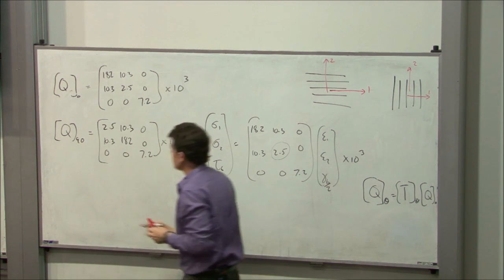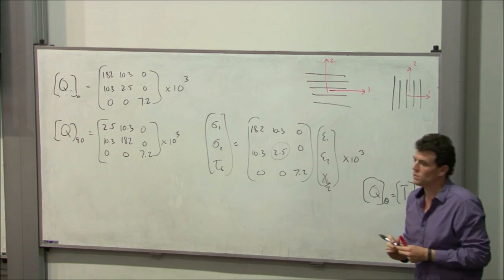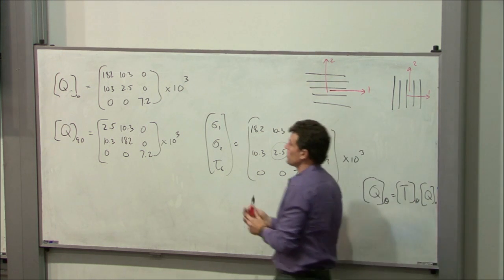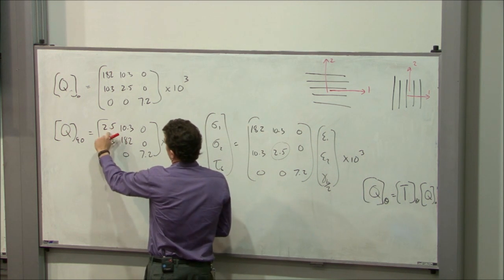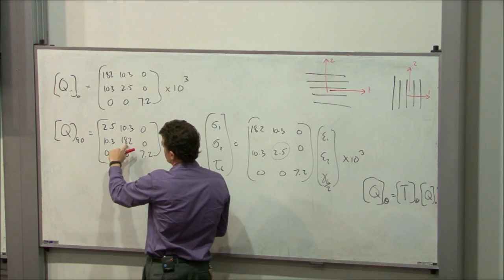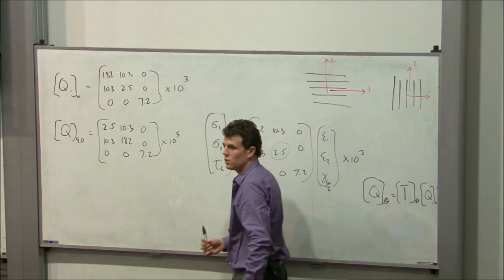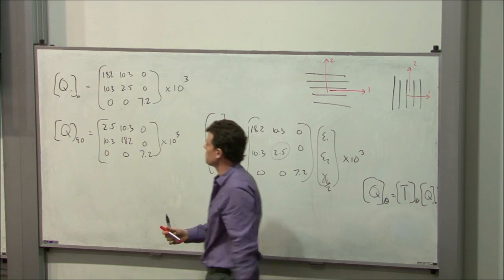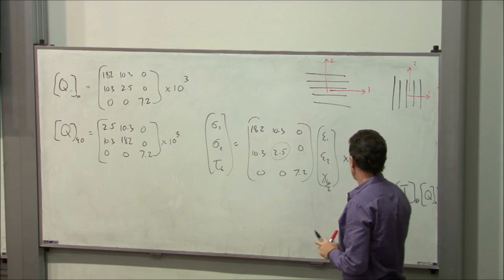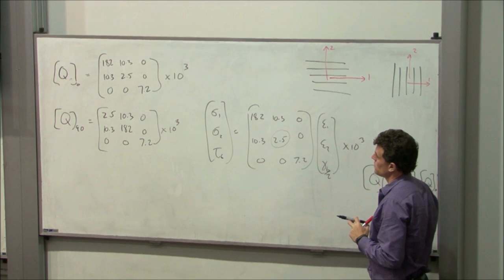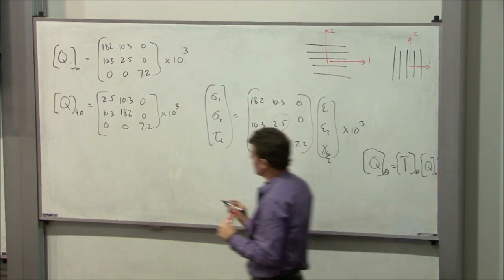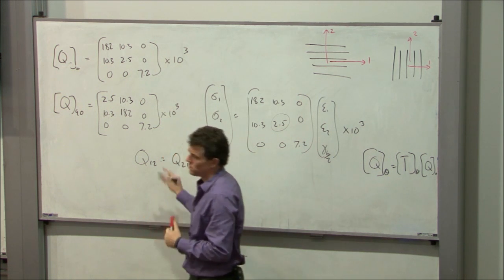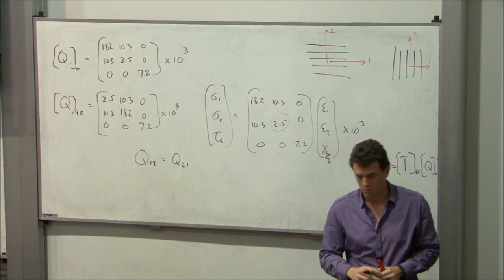So for the special case of making a 90-degree rotation, we can just switch our coordinate axes around. So the only thing that changes is that the 1,1 goes into the 2,2 position, and the 2,2 goes into the 1,1 position, because 1,2 stays the same and 2,1 stays the same. Okay. Because remember last week we showed that Q12 equals Q21. Those two things are one and the same.